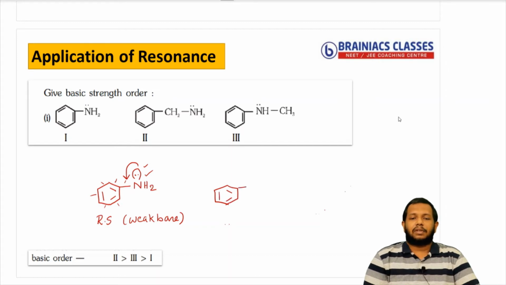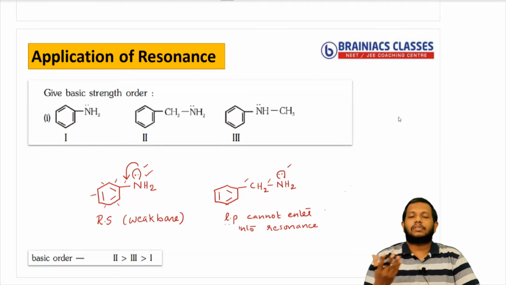Here you have CH2 and NH2 present. Now what is the advantage of inserting CH2 here? I know that there is a lone pair, single bond, single bond. So there is no conjugation here. That means the lone pair here cannot enter into resonance. What is the reason for that? Because there is no conjugation.